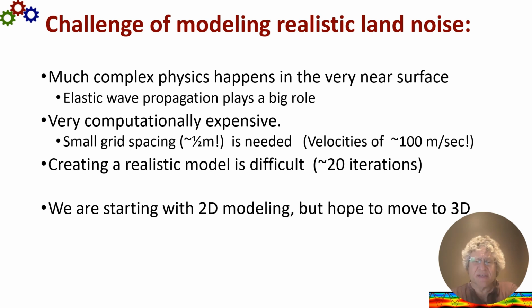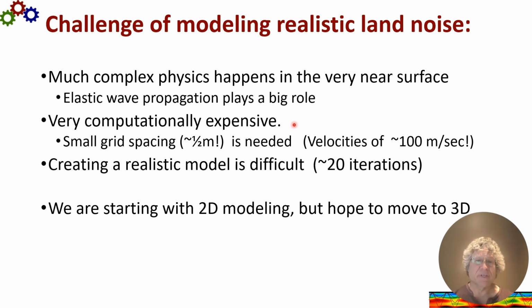Now, at this small scale, the messy near surface is actually really difficult to model with realistic land seismic noise. Much complex physics happens in those top 5 meters, not to mention the top 30 meters, and elastic wave propagation plays a big role. You get a lot of conversion.